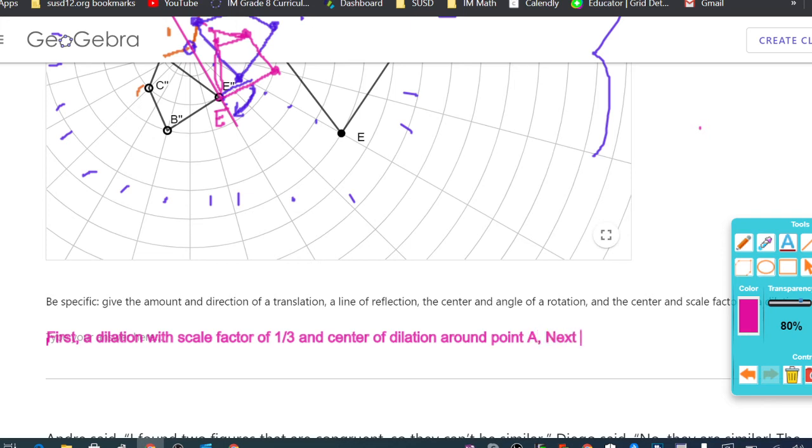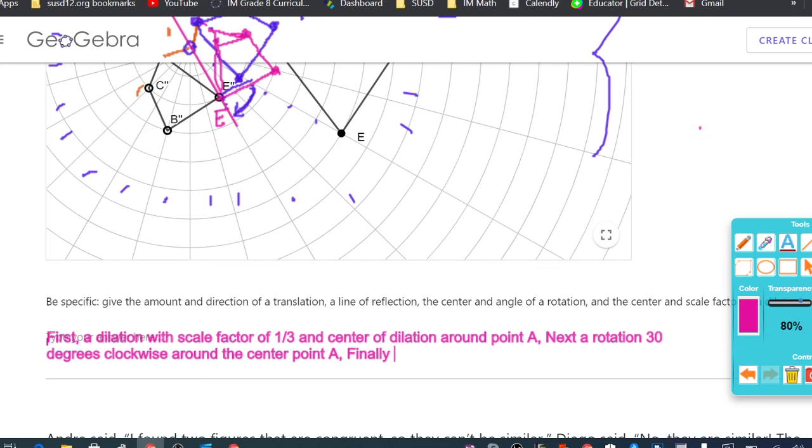Point A was that center point. Next, a rotation 30 degrees clockwise around the center of rotation. Yeah, point A. Around the center, let me just say center point A, like that. 30 degrees clockwise around the center point A. Okay, great.